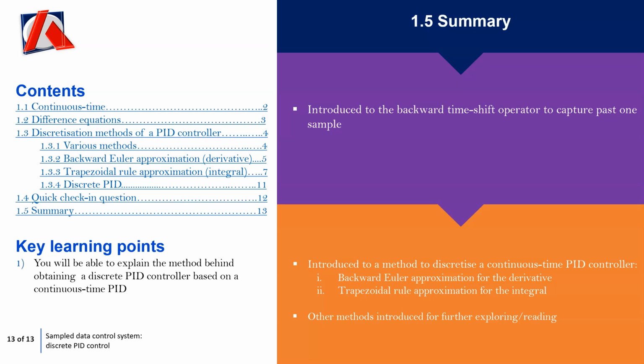There are further methods that you can look into, as I mentioned earlier. If you want to, please do so and compare them to these methods. I hope that now, at the end of this lecture, you can explain a method behind obtaining a discrete PID controller based on a continuous time PID.